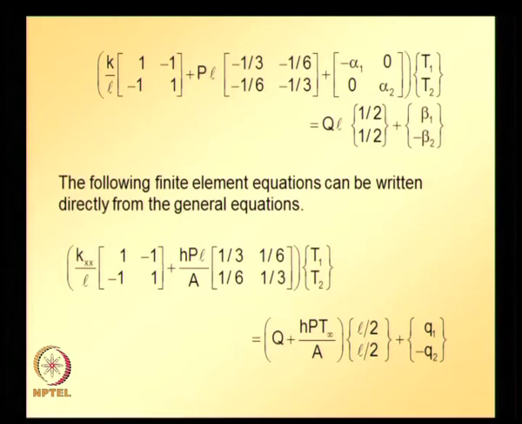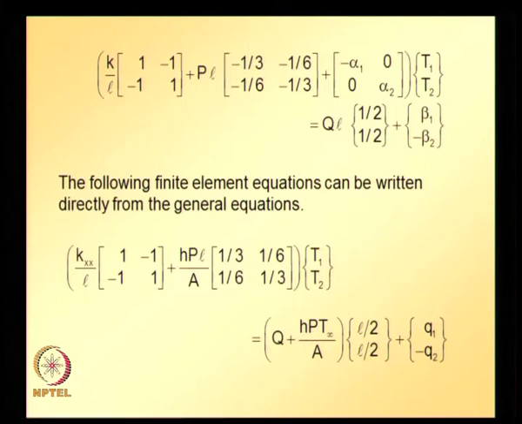So, this is the element equation for heat conduction convection problem if we adopt 2 node finite element for discretization. So, now let us look at the application of this equation by looking at a problem.